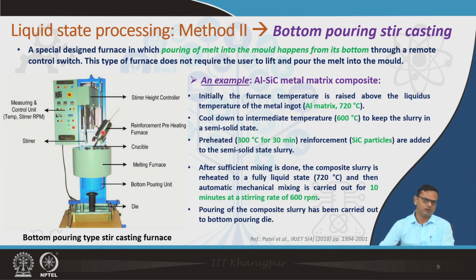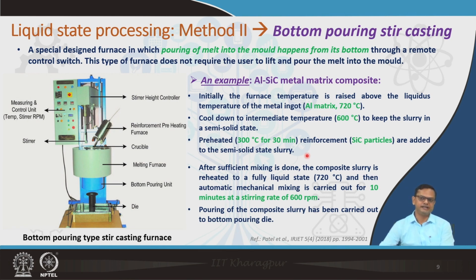Let us quickly see what the steps are. Initially the furnace temperature is raised above the liquidus temperature, for an aluminum matrix about 720 degrees Celsius, and then cooled down so that you make a slurry or semi-solid state. Preheating of the reinforcement is very important for proper mixing, as I mentioned earlier.